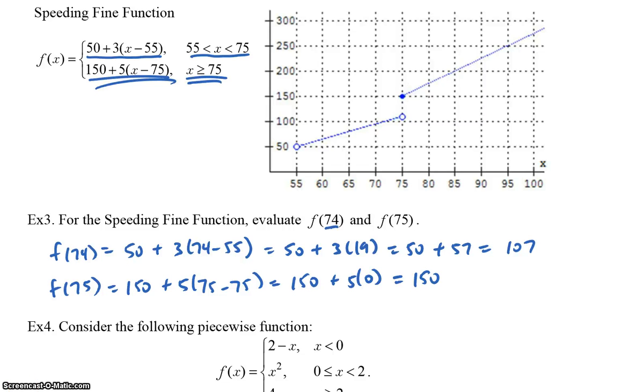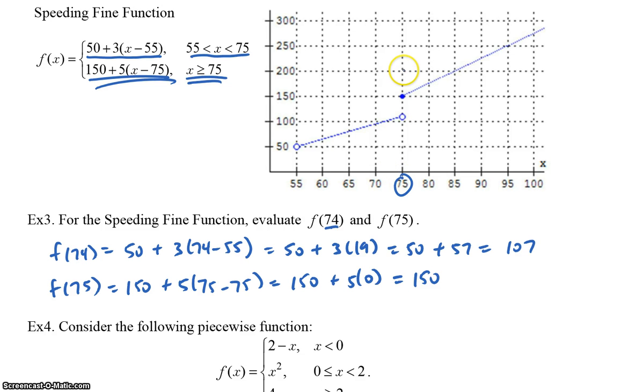One other comment about the graph. The graph of a piecewise function must pass the vertical line test. It's a single function. The function has more than one piece, but it's treated as a single function, and its graph must pass the vertical line test for functions at every point, including at 75.